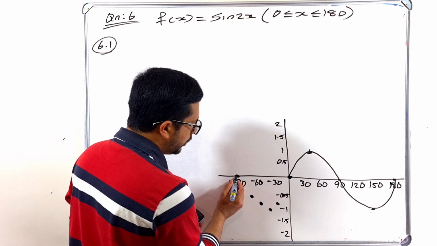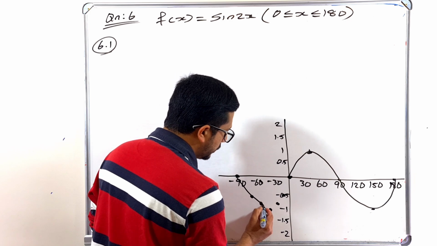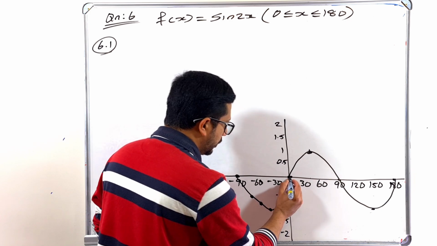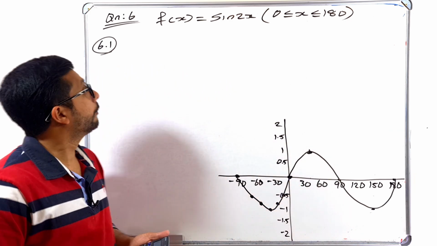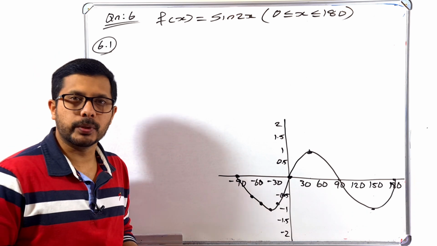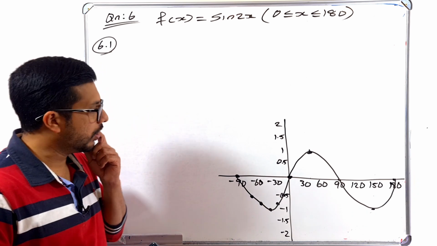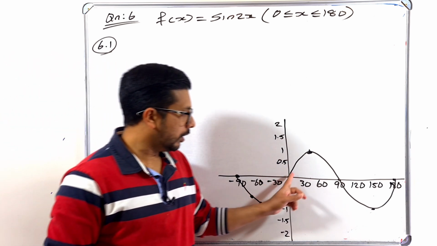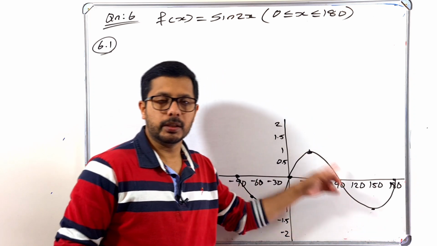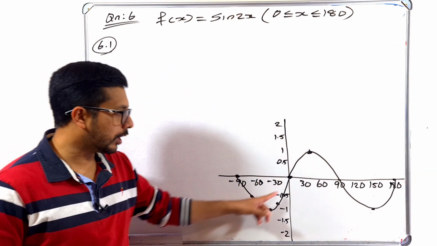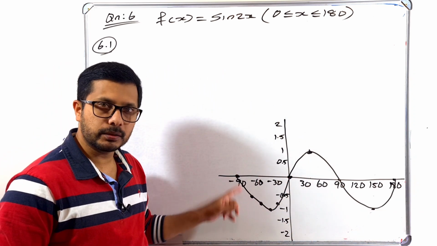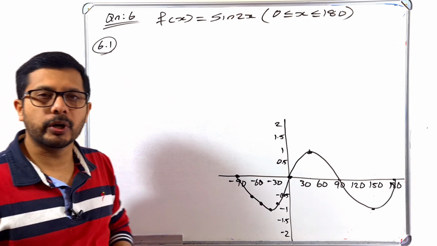So this is the remaining part of the f of x equals sine 2x graph. That is the first question. This part is already given in the graph paper, so you just want to complete that graph like this. Okay, so that is question number 6.1.